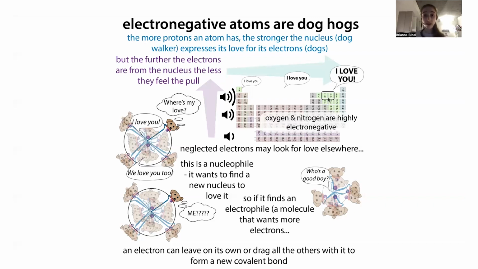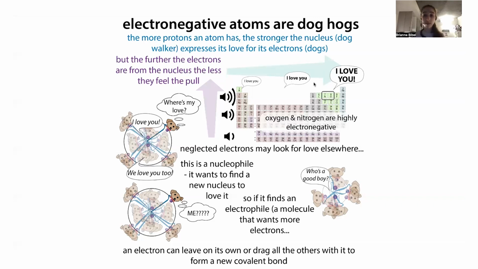When you get further away, it's going to be harder for the protons in the nucleus to rein in those electrons. You can think of it like the dog walkers calling to the dogs, but the dogs can't hear you because they're too far away.